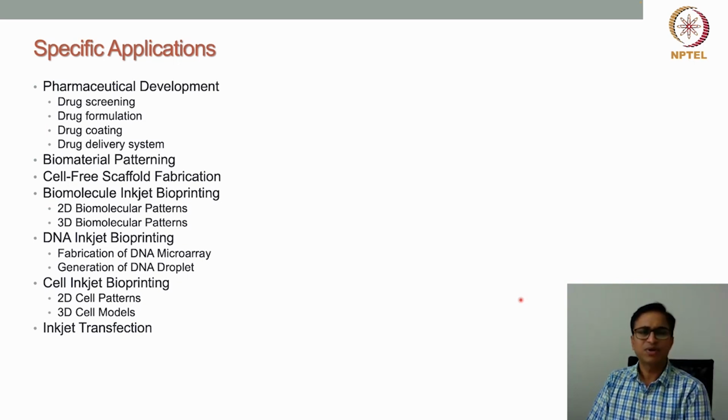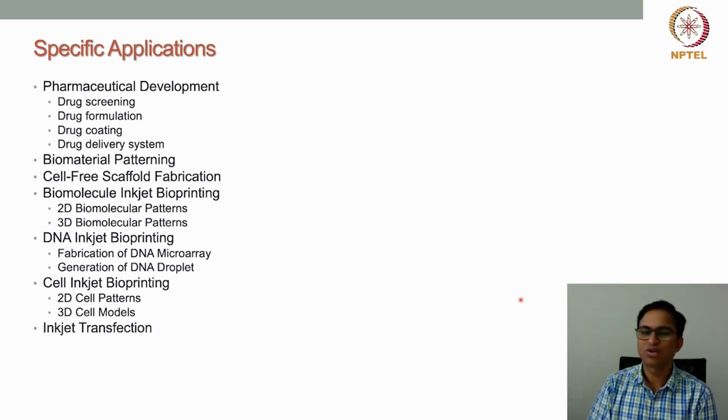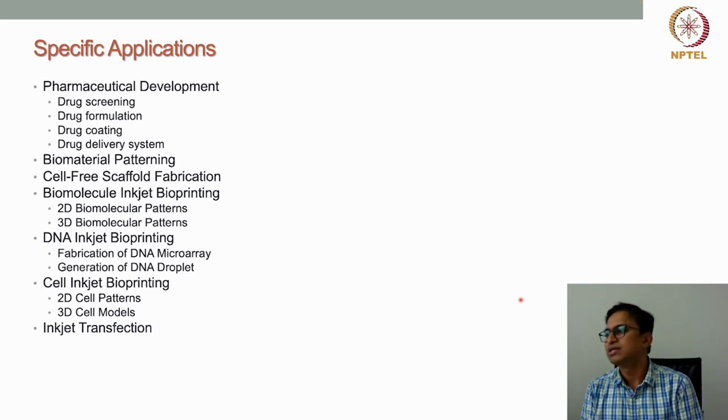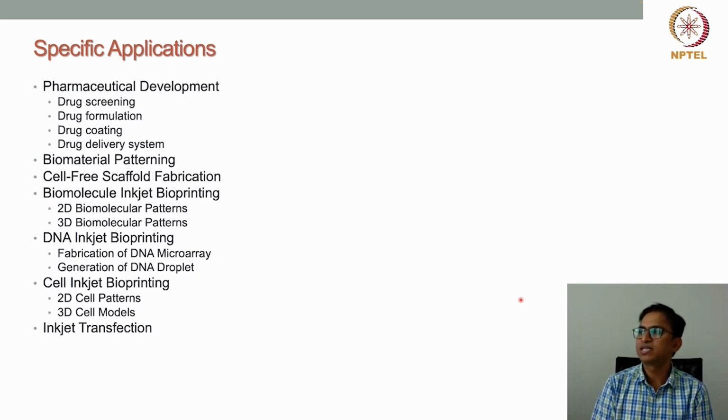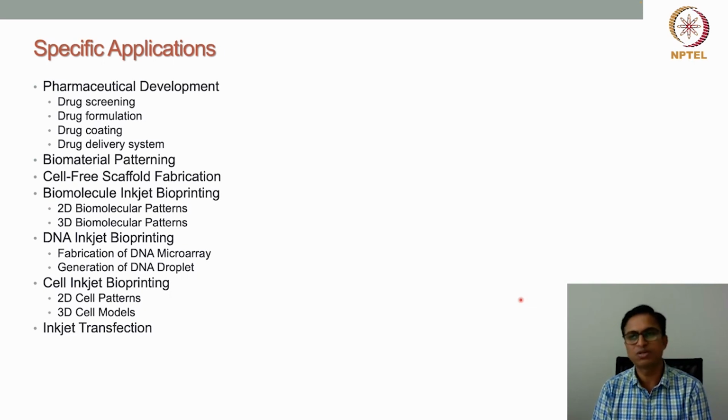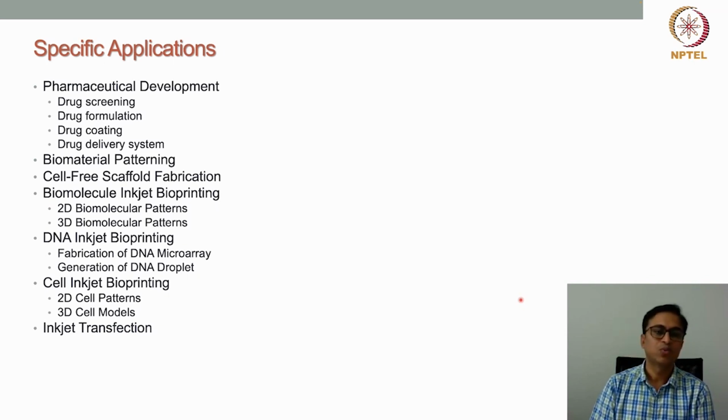So this kind of drug formulation, either nano capsules or nano tablets, different types of formulations can be very well developed. So in pharmacy, for drug formulation also, inkjet 3D printing is nowadays widely used.